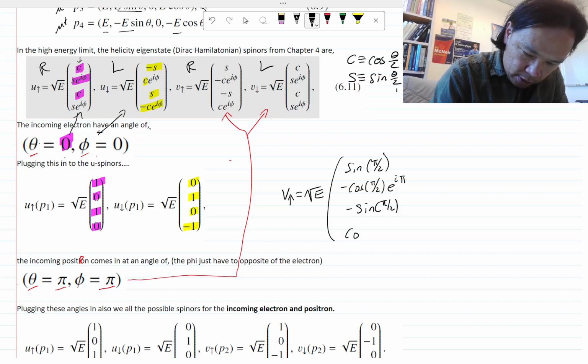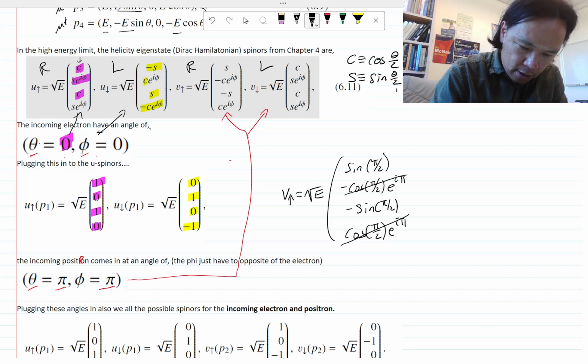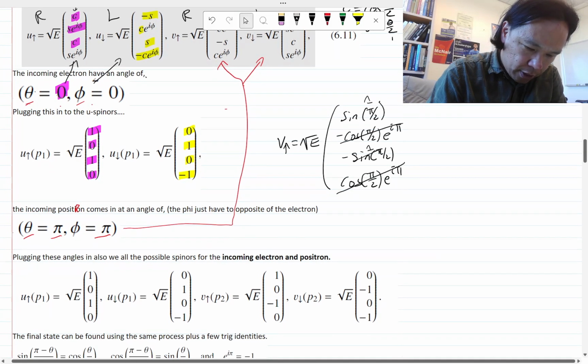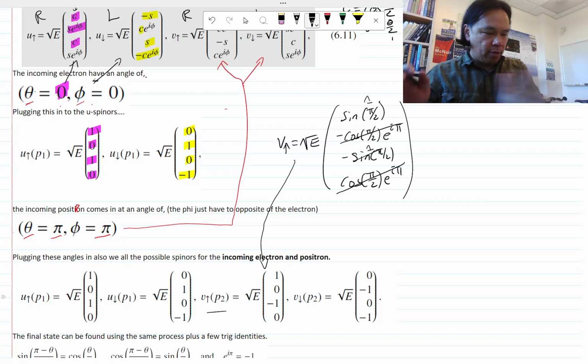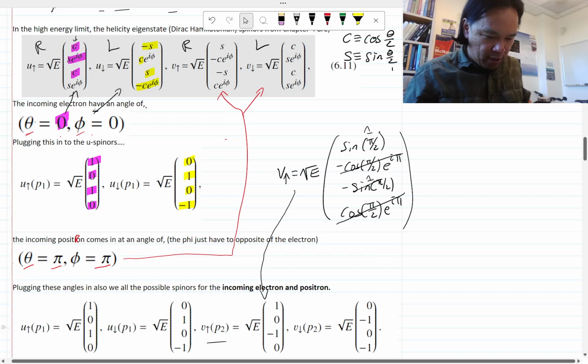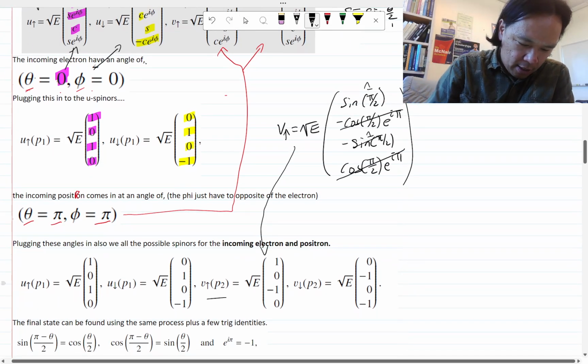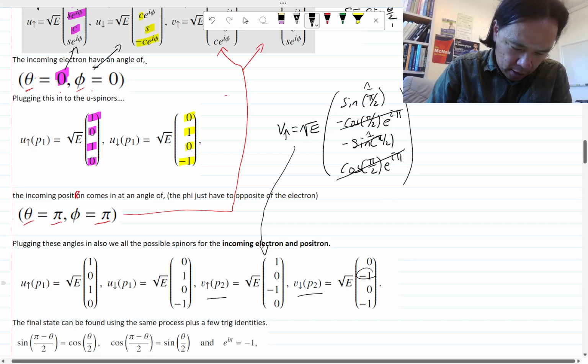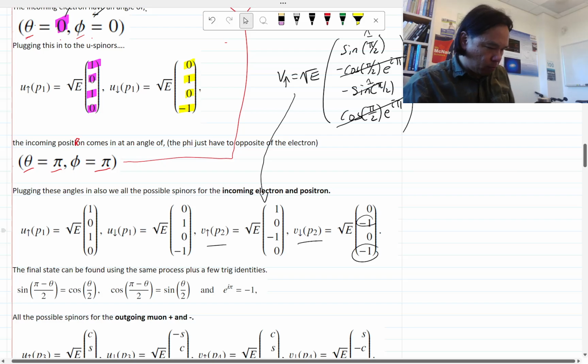And then the last one is cosine of pi over 2 times e to the i pi. Cosine of pi over 2 is always 0. Sine of pi over 2 is 1. Therefore, the antiparticle right-handed spinor turns out to be this. I'm not going to do the same plugging in, for the sake of time, but the left-handed spinor is going to turn out to be very similar to this, with negative 1s instead.